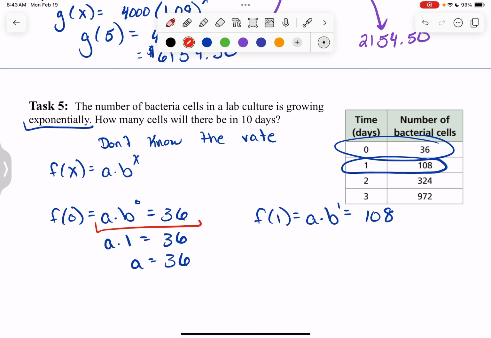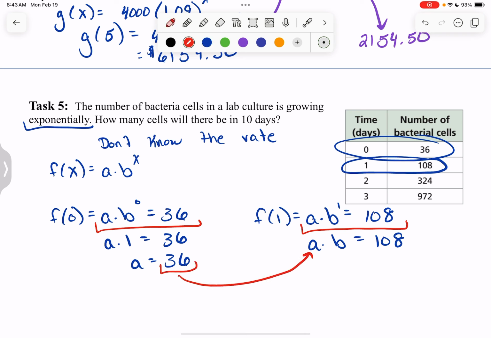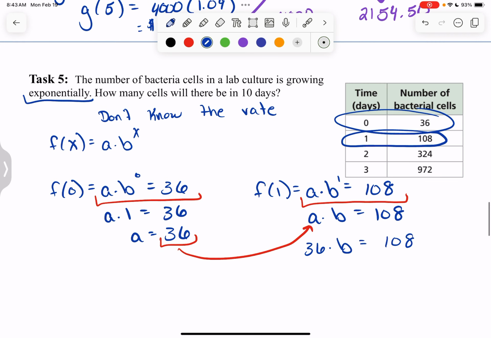Now over here, b to the 1 is just b. A times b is 108. I know A is 36. So 36 times b is 108. We're just plugging in the stuff that we know. If I divide both sides by 36, I know my base.